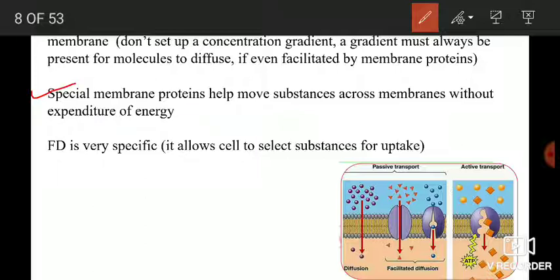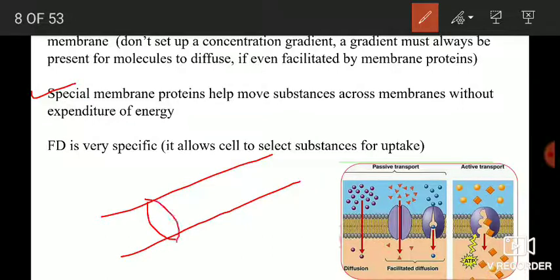These special membrane proteins which help the substances move across the membrane without expenditure of energy are known as transmembrane proteins. So simply you can define facilitated diffusion as the diffusion of molecules or ions through the membranes with the help of transmembrane proteins.